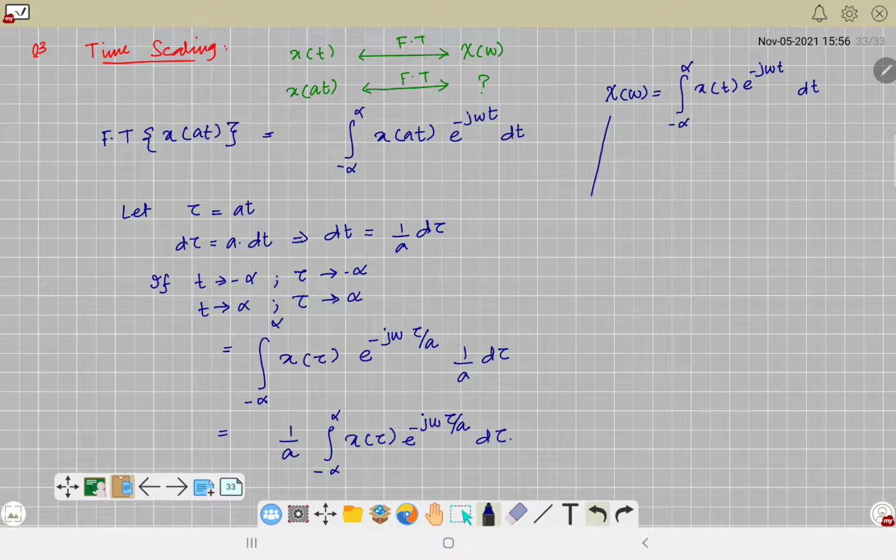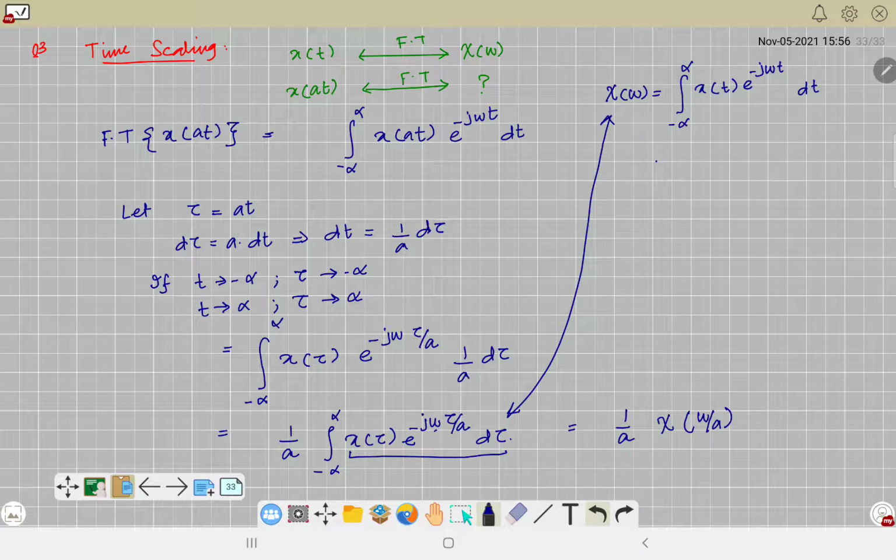If you compare this with this, first thing is obvious, you have the factor 1 upon a. Then this is basically the transform at omega by a, because of this tau here and tau here, so it will be something like this, and this is the transform X of omega by a.